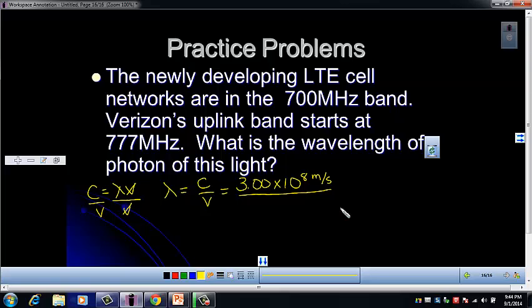Now, because this is meters over seconds, we're going to have to get hertz to our base unit. So let's go ahead and convert that. 777 megahertz. And we want to convert that to hertz, the base unit. So megahertz on the bottom to cancel, hertz on top.